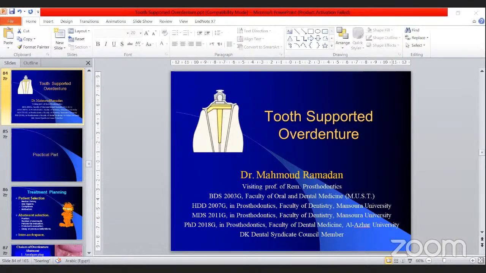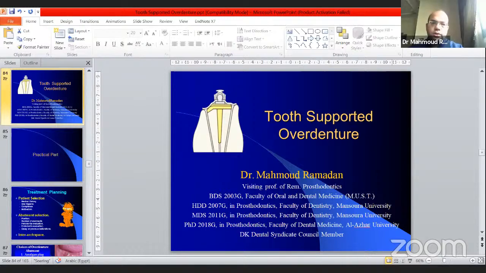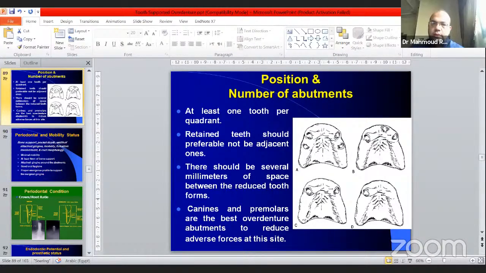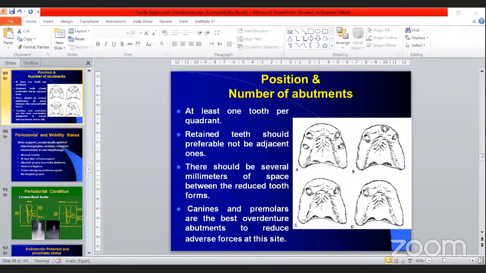Doctor? Yes? Sorry for interrupting you. Are you switching slides? Because it's only one slide here. Yes, I switch. Can you try making a slideshow? Yes, now it changed. Can you see it changing again, Dr. Sarah? Yes, we can see the slide of position and number of abutments.